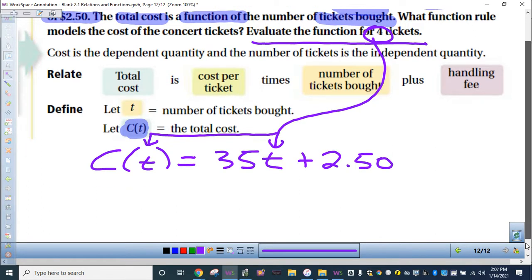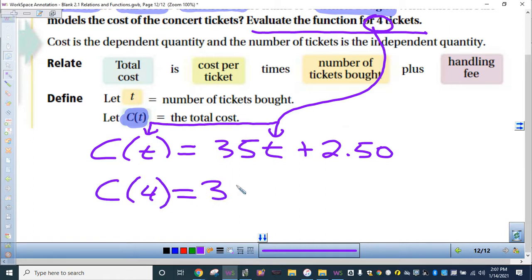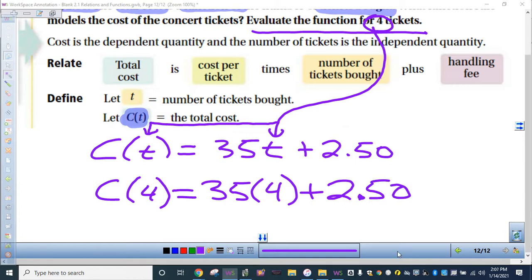So we have C of 4 equals 35 times 4 plus 2.50.